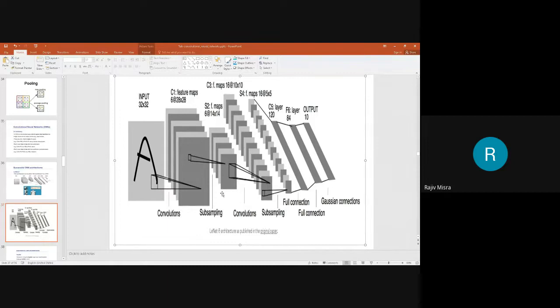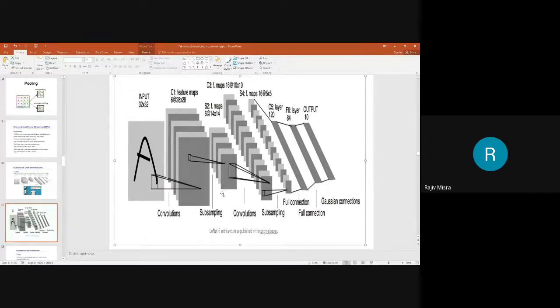And then you have another downsampling pooling, and this will reduce the size from 10 by 10 to 5 by 5, 5 by 5 at the rate 16. That is, the depth will be retained in the pooling layer, and it's called subsampling here in the original LeNet architecture.